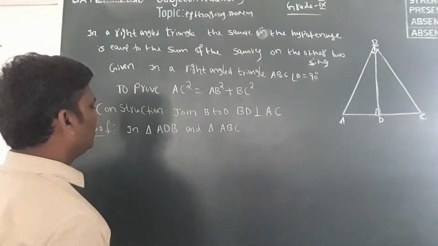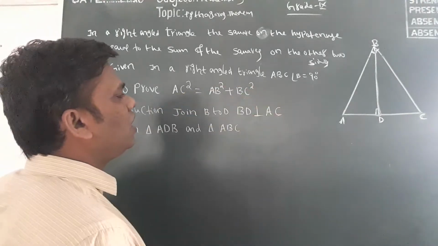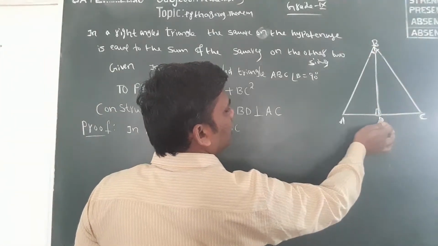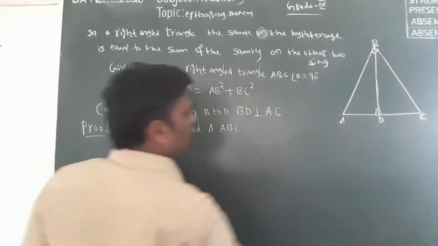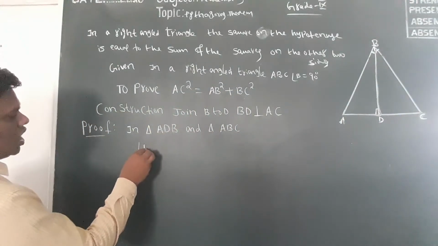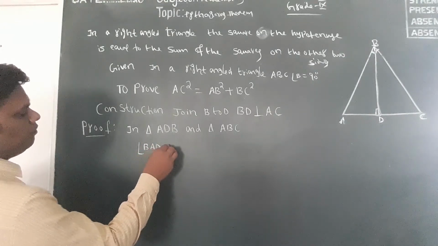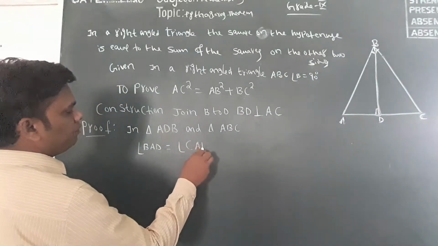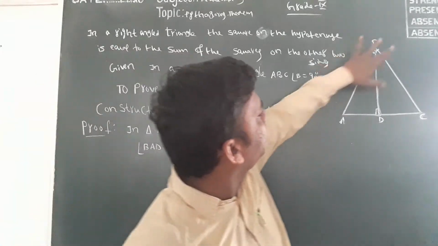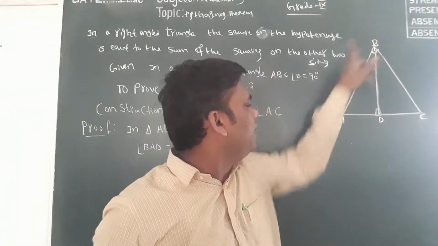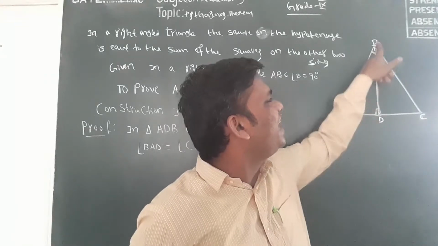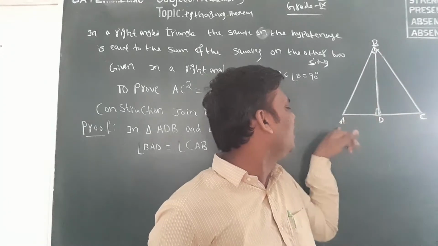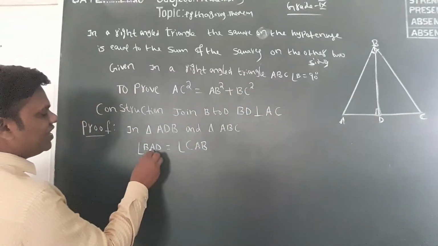In triangle ADB and triangle ABC, angle BAD is equal to angle CAB. Angle CAB means, in triangle ADB and triangle ABC, angle BAD is equal to angle CAB. What is common over here? Angle A is common.